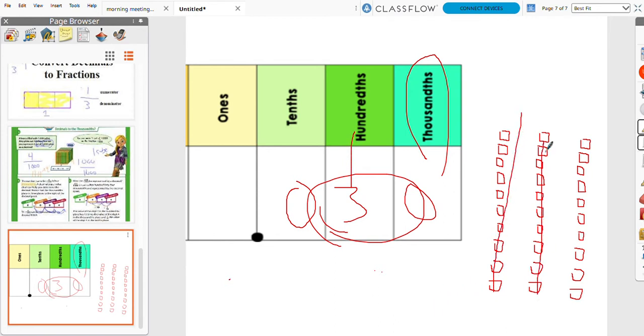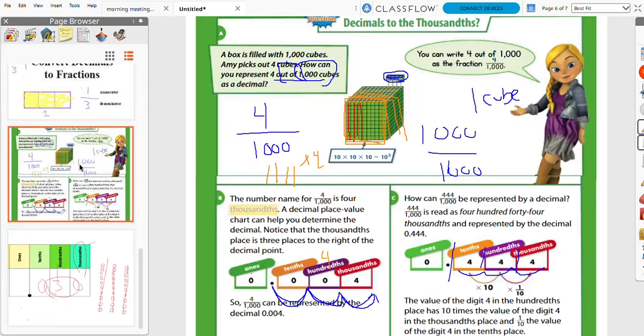You say, well, why is that not 3 tens, Mr. Hoffman? That's how I've done it in my brain all of these years going for place value. Well, when you're looking at the decimal representation, remember that if we think of decimals in the thousandths, that means that we broke this one whole cube into 1,000 little pieces.